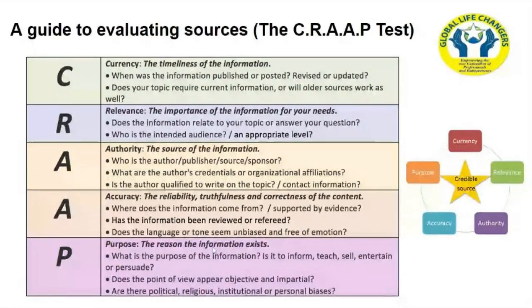Does the point of view appear objective or impartial? Are there political, religious, or institutional or personal biases? You need to know all this in order to be sure that the information you are taking from that particular publisher is credible enough to support your argument.